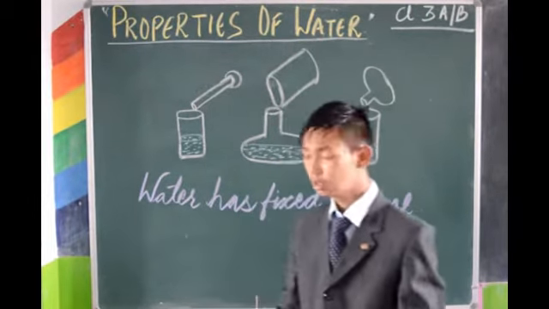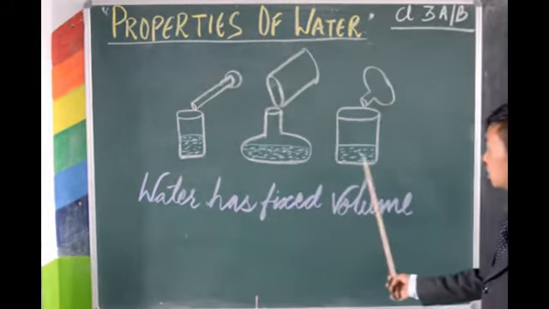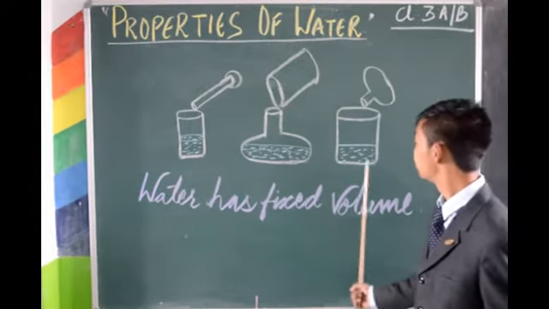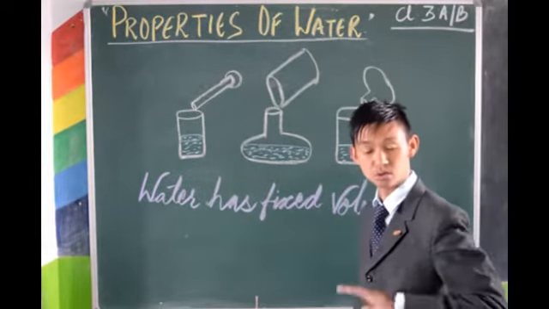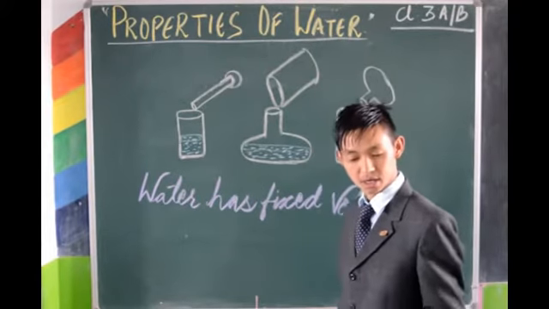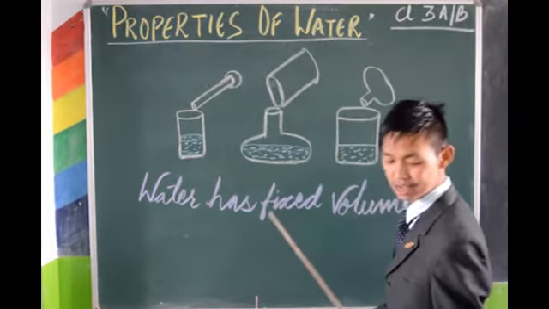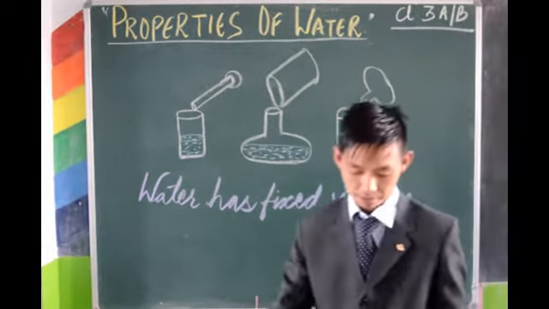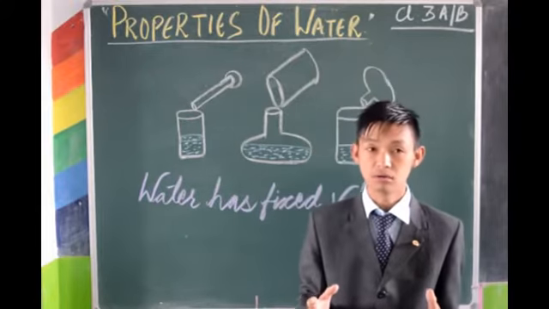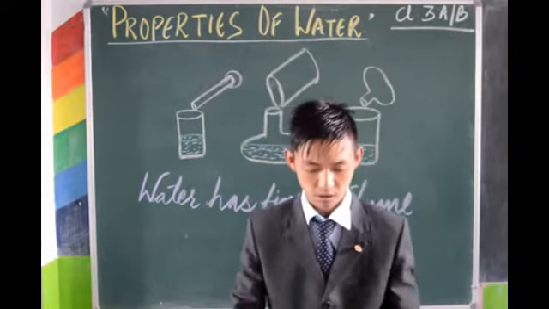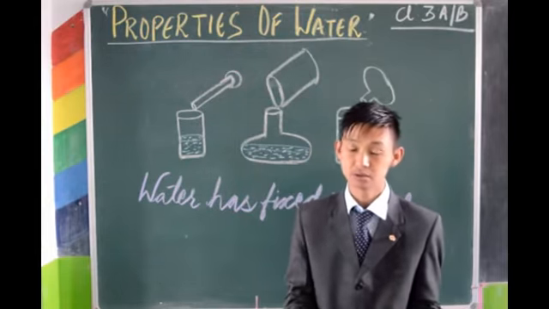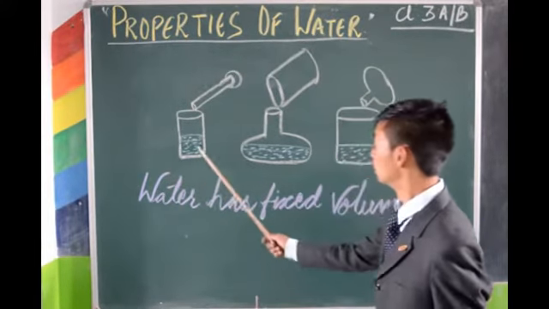Now look at the picture here, which I have drawn. Water has its fixed volume. Though water has no fixed shape, it has fixed volume. How? With the example of this: take a fixed amount, 1 liter of water, and pour it into another container.